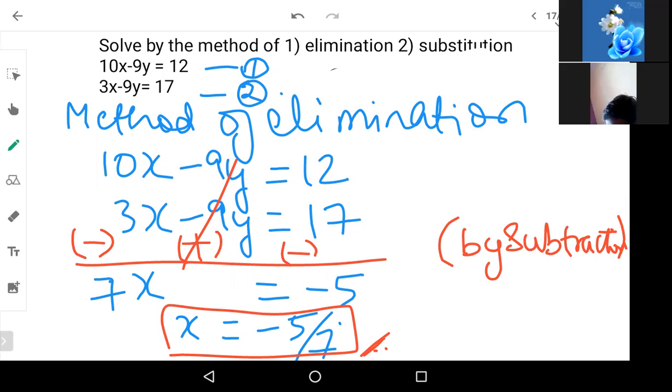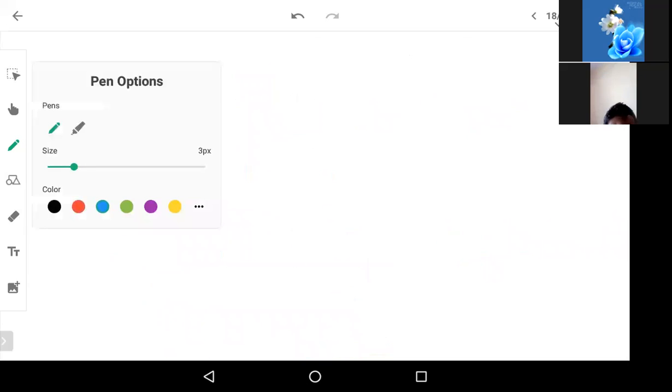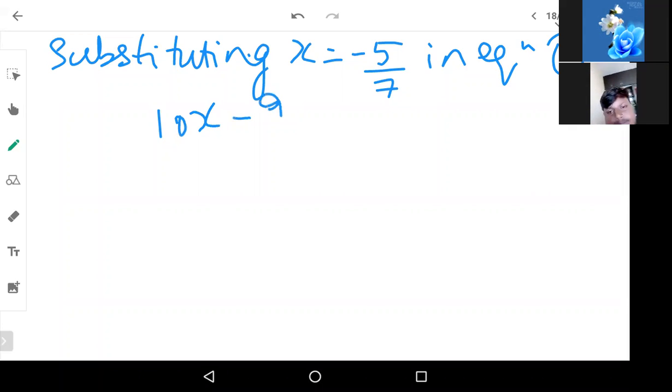Okay. Now let us substitute this value in equation number 1. So substituting x is equal to minus 5 by 7 in equation 1. So what is equation 1? 10x minus 9y is equal to 12.